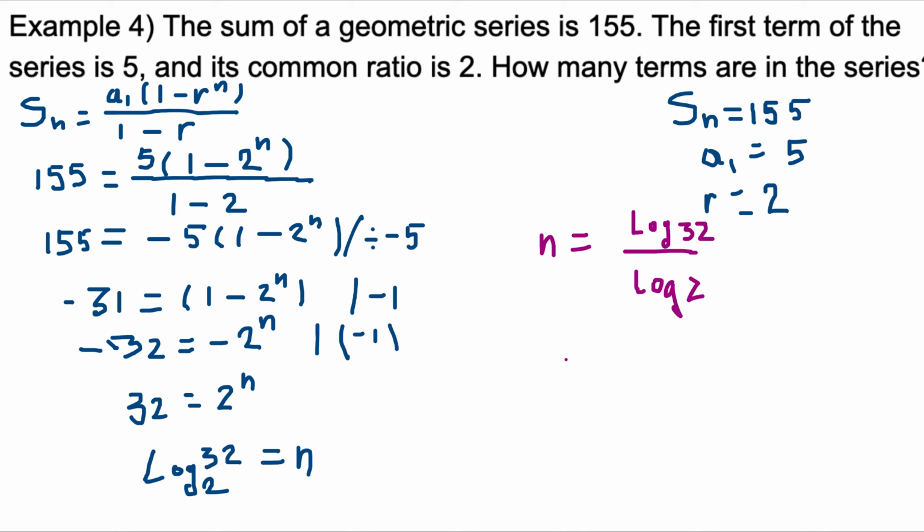When we divide and use a calculator, n is equal to 5. So in example 4, this series with the given information has 5 terms.